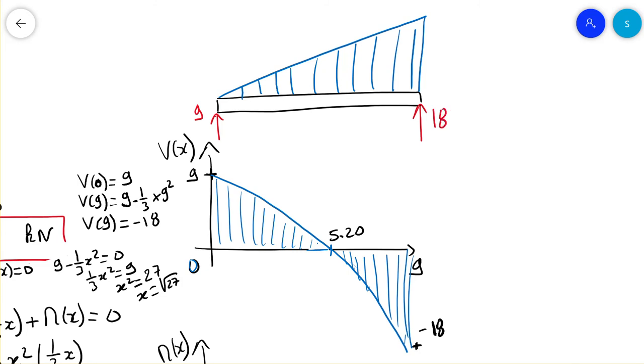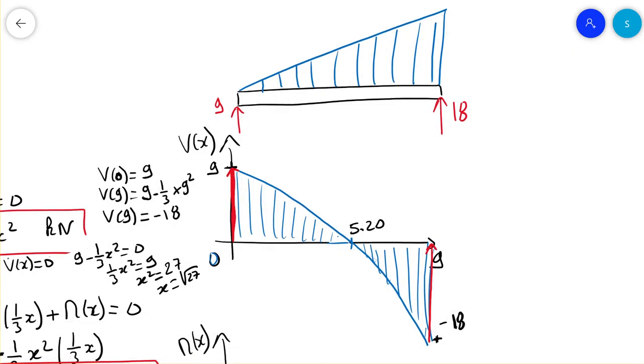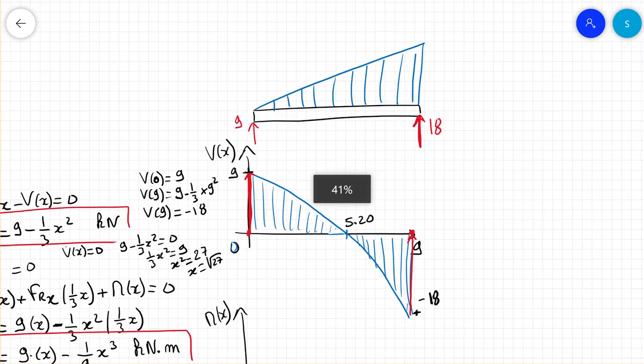Remember? So that's this 9, and that is 18. So we are sure that we find the right function if when we solve for V at 9 we find minus 18, we should find this one. And it must come back to 0, and begin at 0. So that's for the shearing force.